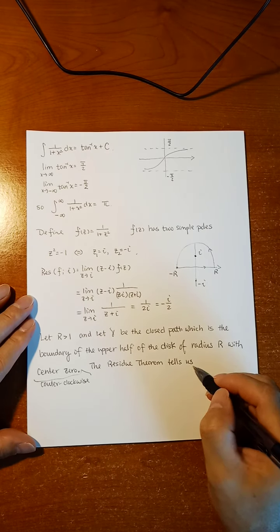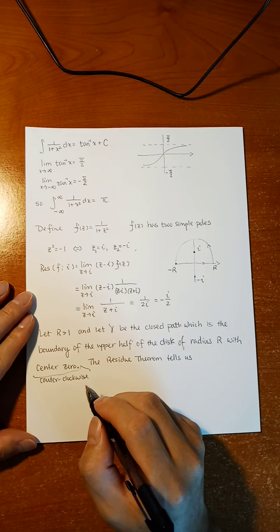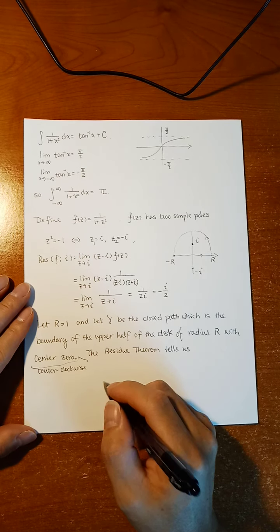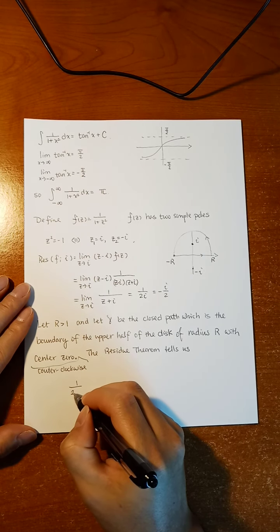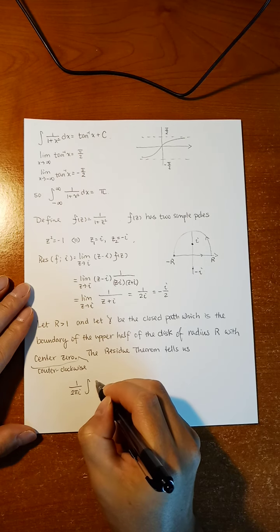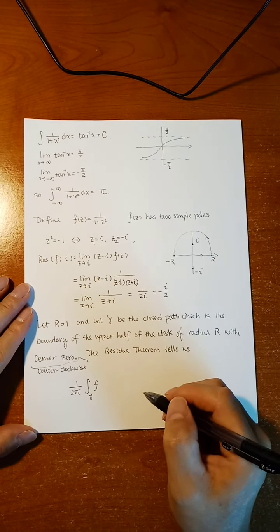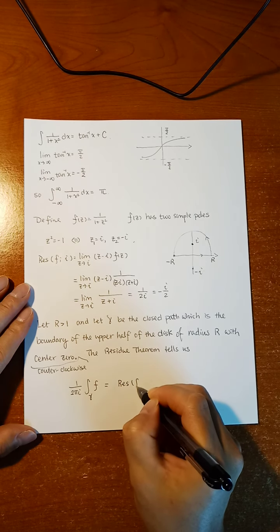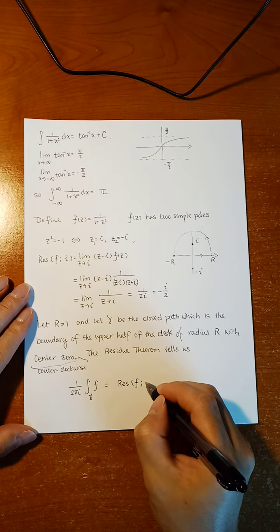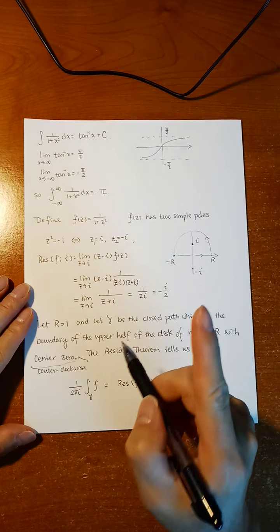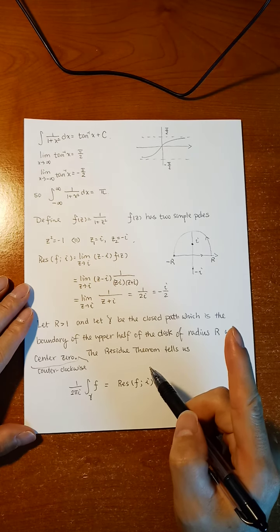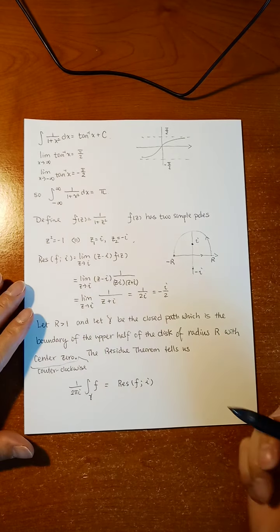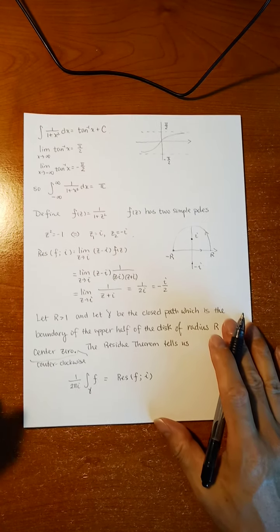Then we can see the integral of f along this gamma times 1 over 2 pi i is equal to the residue of f at i. Just one simple pole, and the winding number is 1, so it's equal to the residue.